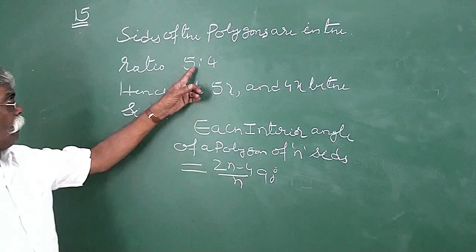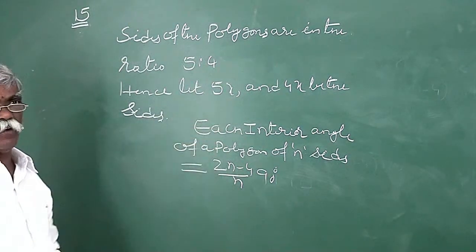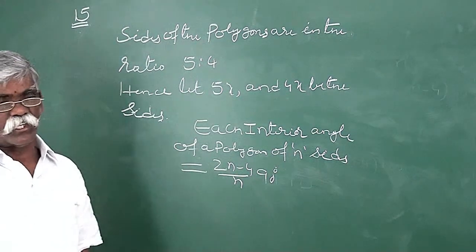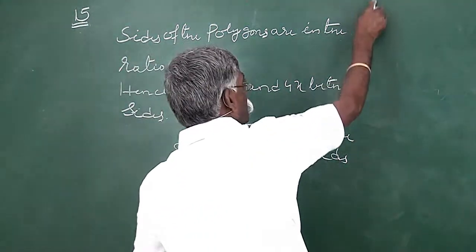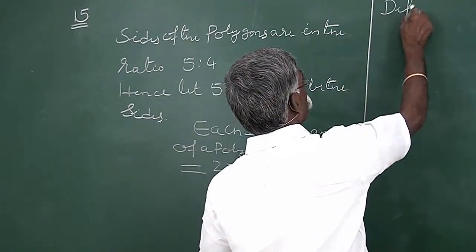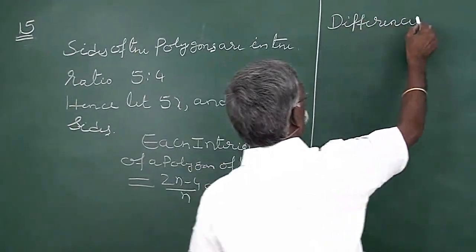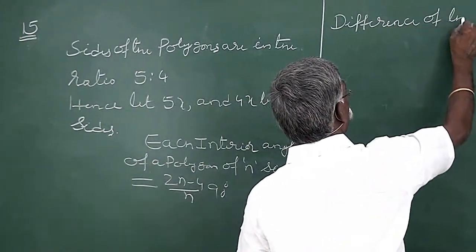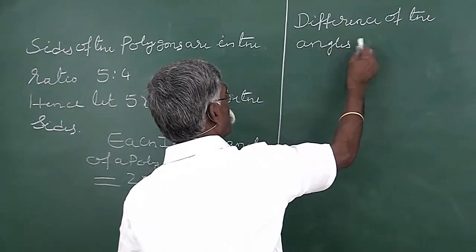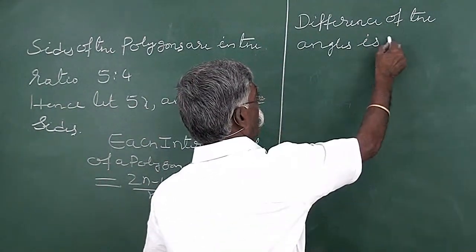Now, according to the given information, the sides are in the ratio 5x and 4x, and the difference of the angles is 9 degrees.